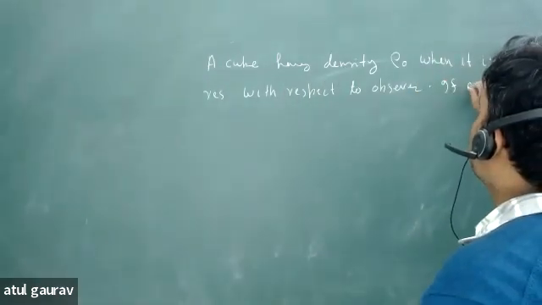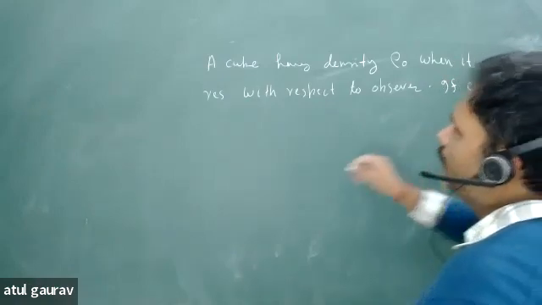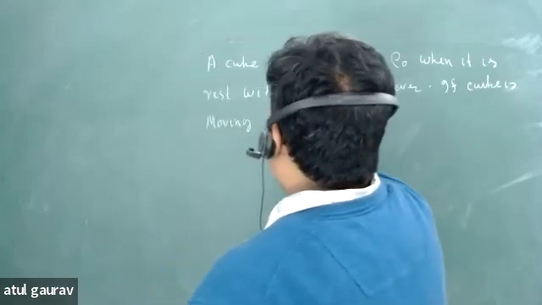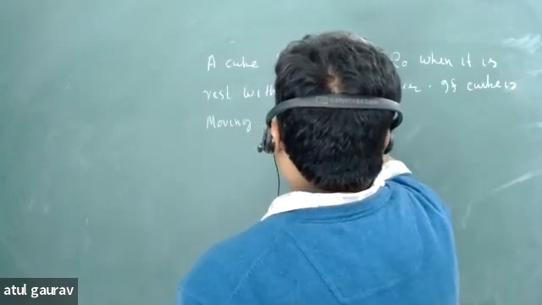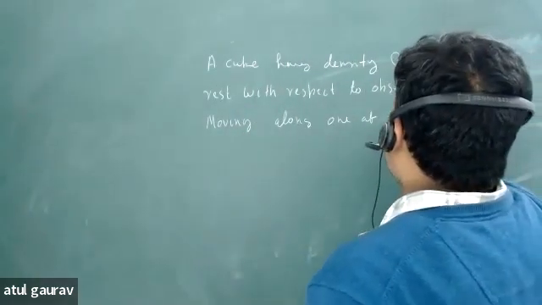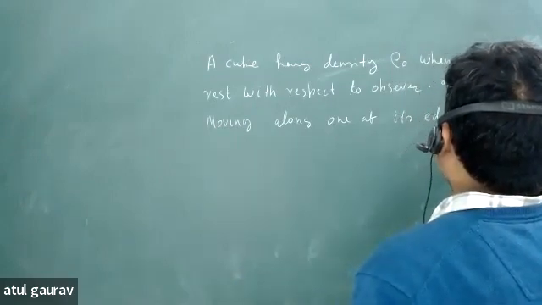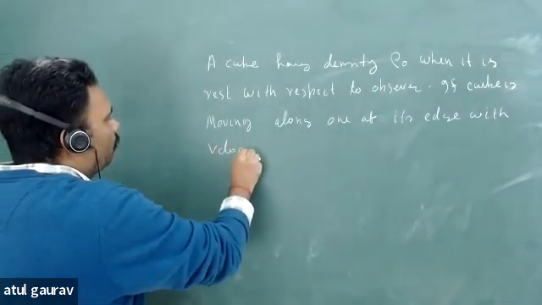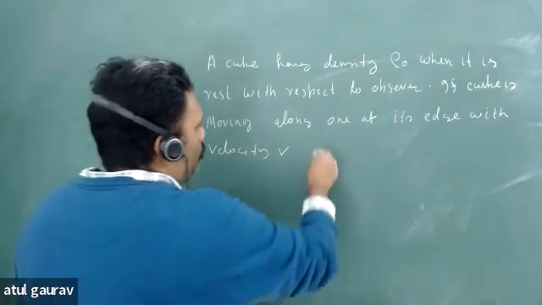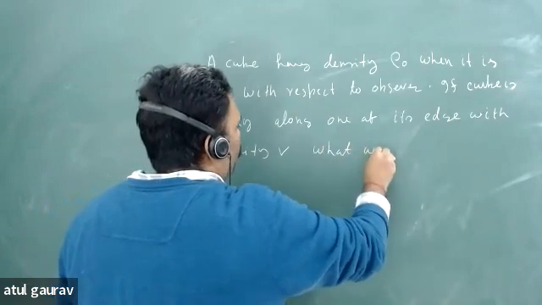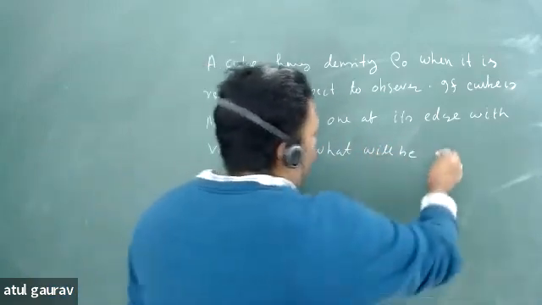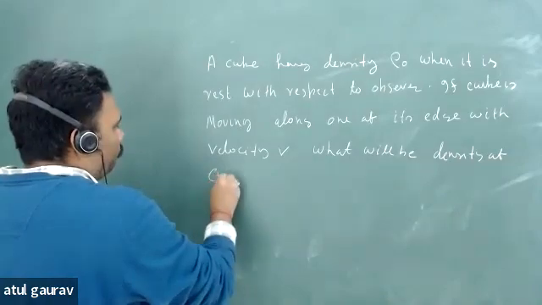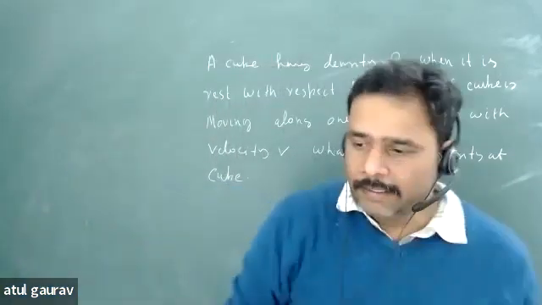If the cube is moving along one of its edges with velocity v, what will be the density of the cube?